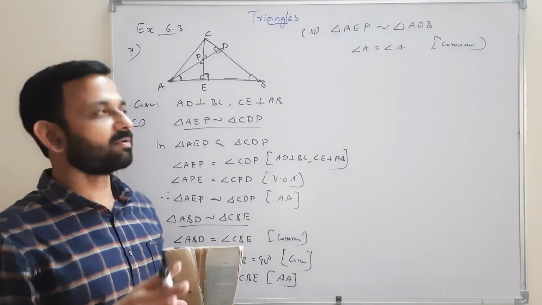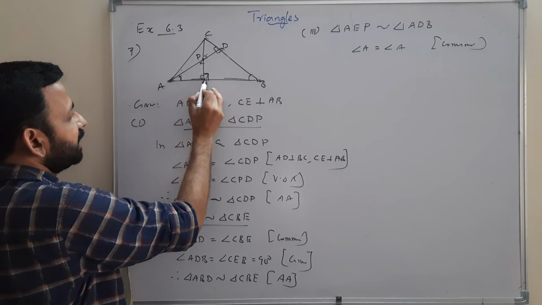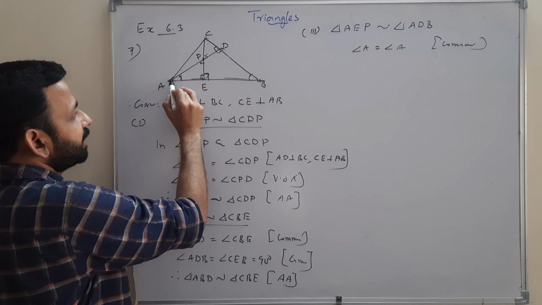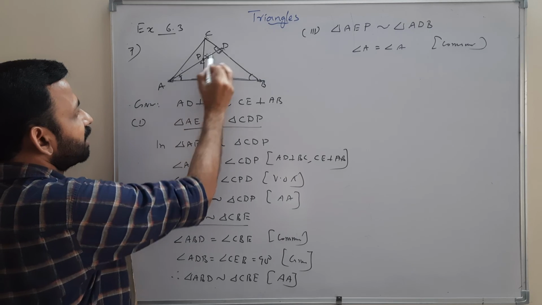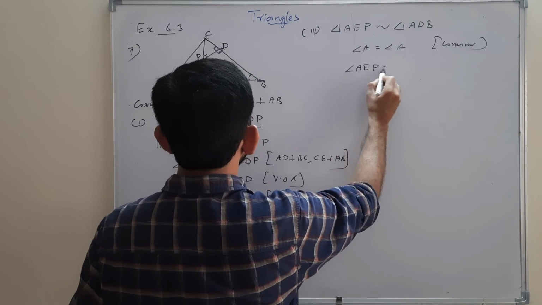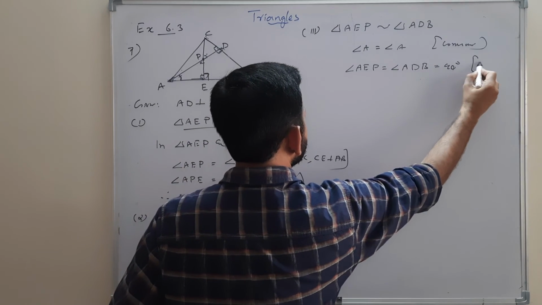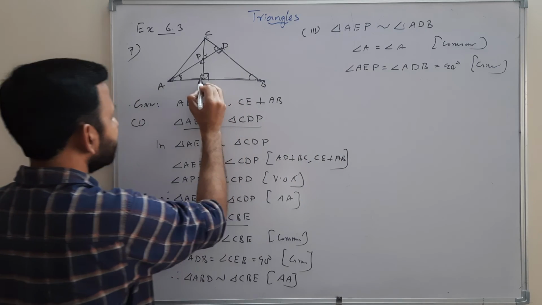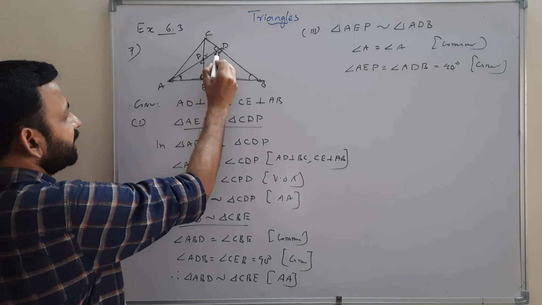So angle A equal to angle A, common. Then the second angle: angle AEP equal to angle ADB equal to 90 degrees. Reason: given.